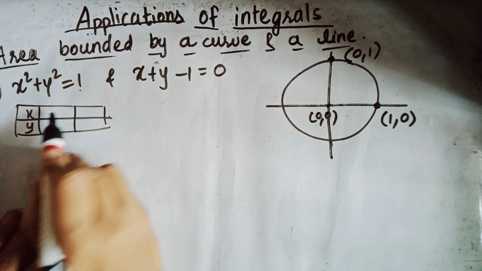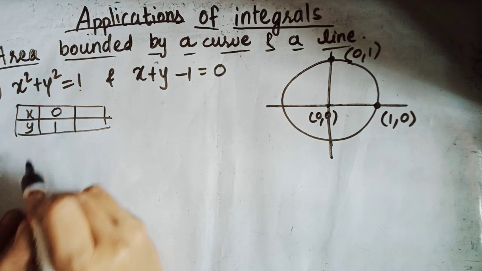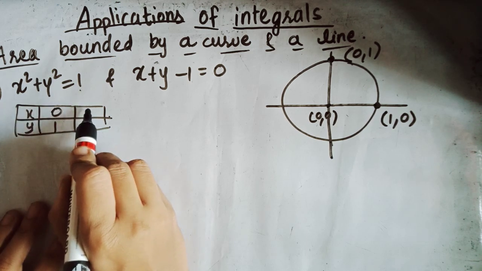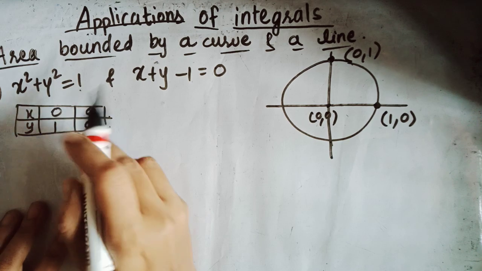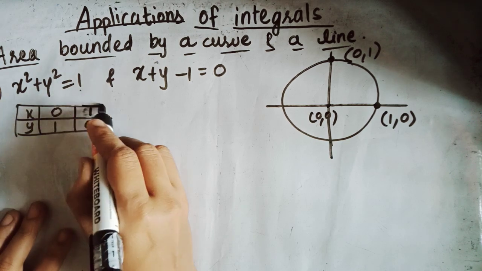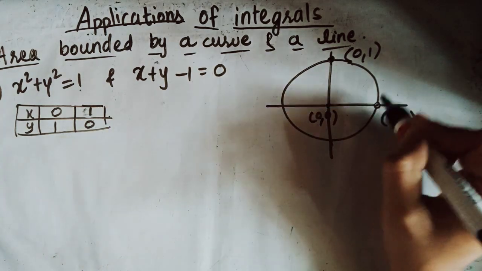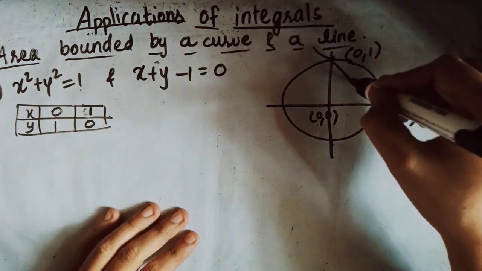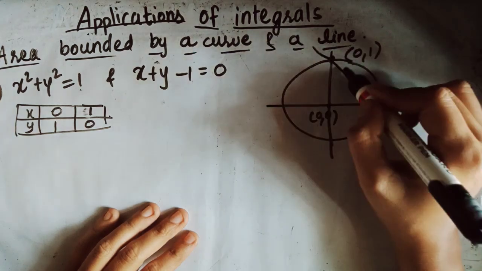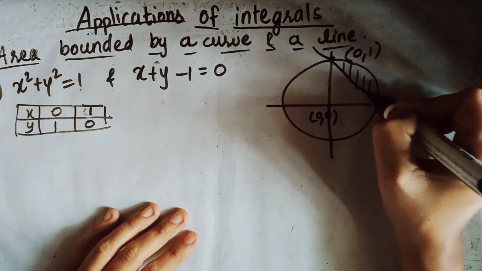Okay, when you put x equal to 0, you will get y equal to 1. When you put y equal to 0, you will get x equal to 1. So when you plot them here, the line goes through these two points. Okay, and you need the area of this region.